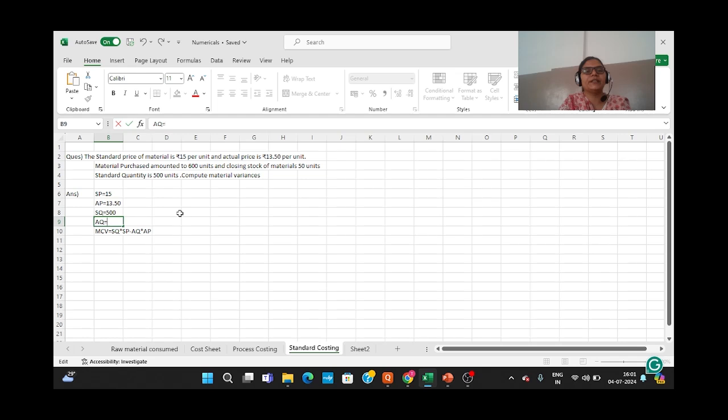You can see material purchased amounted to 600 units and closing stock is 50 units. So it is clearly understood from the language that 600 units were there in the starting and after that closing stock of material is 50 units. So 600 minus 50 is the actual quantity of material which has been utilized, which comes out to be 550.